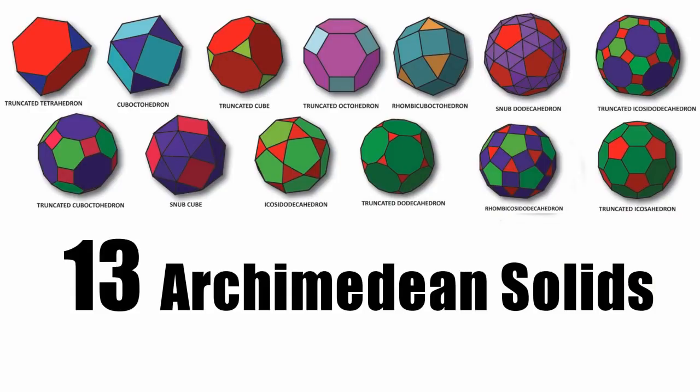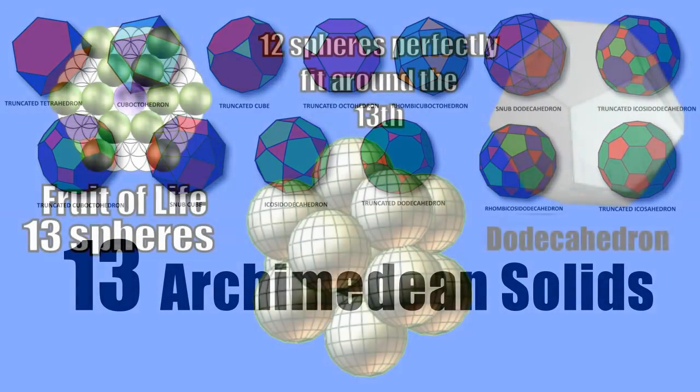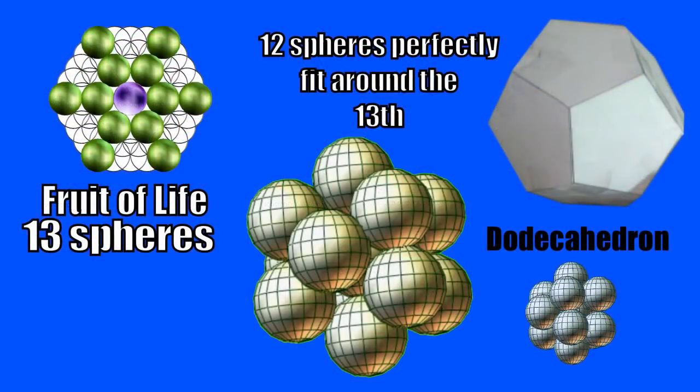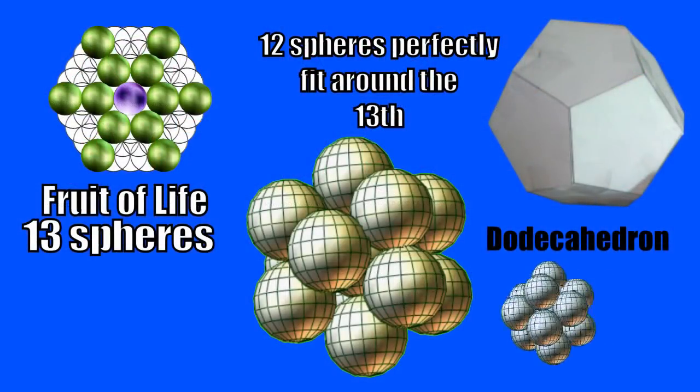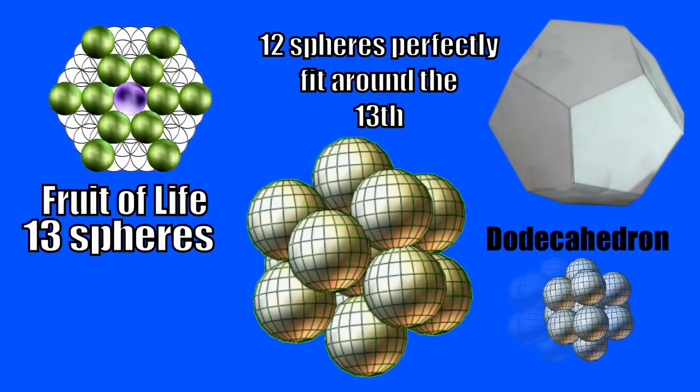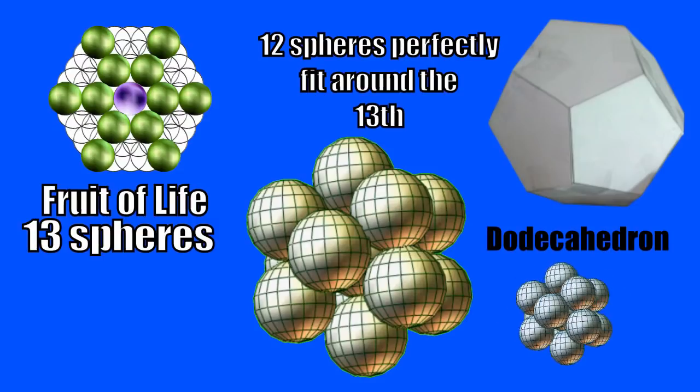In regards to geometry, for instance, there are 13 Archimedean solids. Now for instance, the truncated icosahedron is hexagons and pentagons, the soccer ball pattern, 32 around the 33rd central point. But in regards to especially the fruit of life, it encloses 13 spheres. Now if you get 13 spheres, 12 of them will perfectly wrap around the 13th, another reference to 12 plus 1 around the 13th.